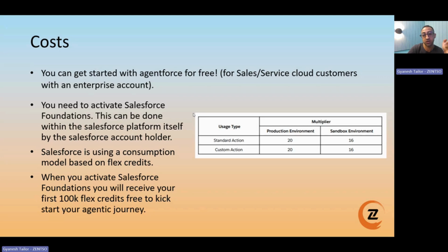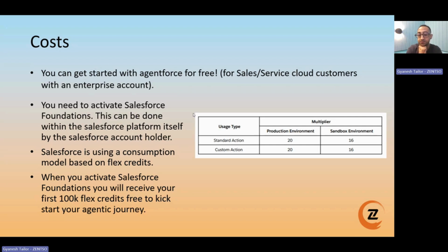So that would cost 20 credits. And then if you're asking it to draft an email, that's another 20 credits. If there are multiple actions stacked together to deliver your outcome, then the credits used multiply. So for instance, if it had to trigger two actions, like data retrieval and then updating a record, which might be two different flows, that would be 40 credits.